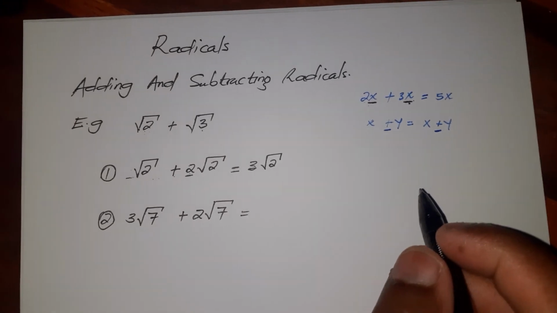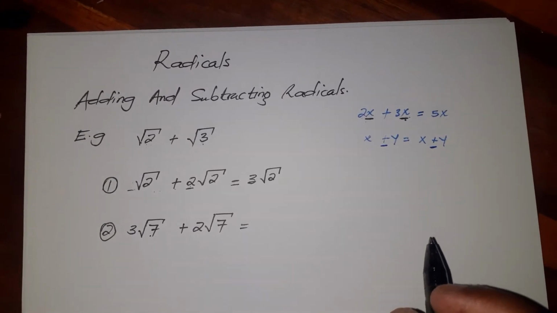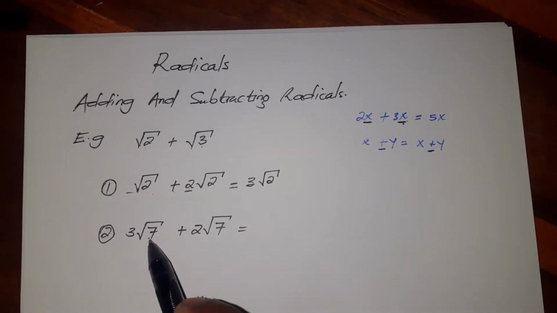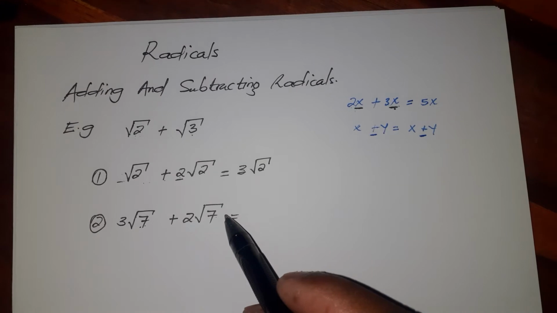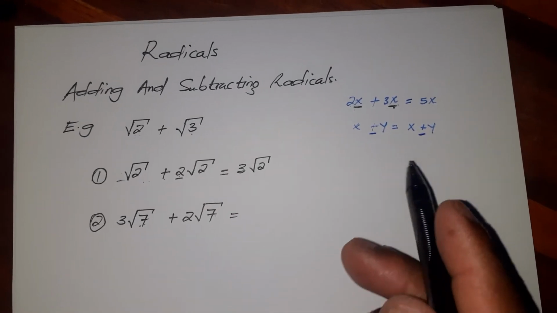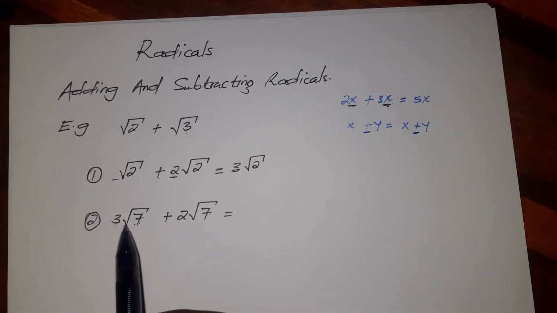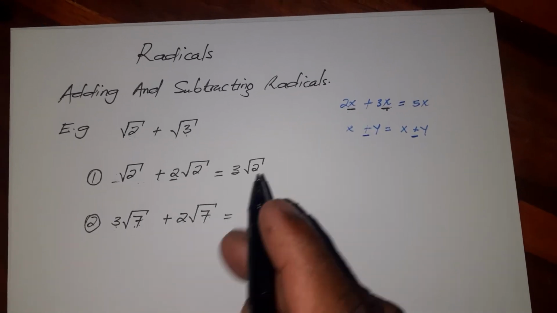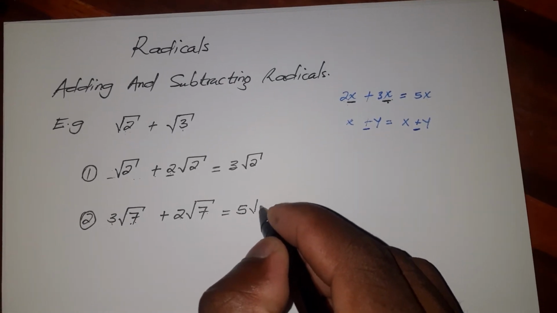Here we have 7 under the square root, and 7 under the square root. Therefore, we can add the two radicals. So we just add the coefficients of those radicals. We have 3 plus 2, we get 5, and then we write square root of 7.